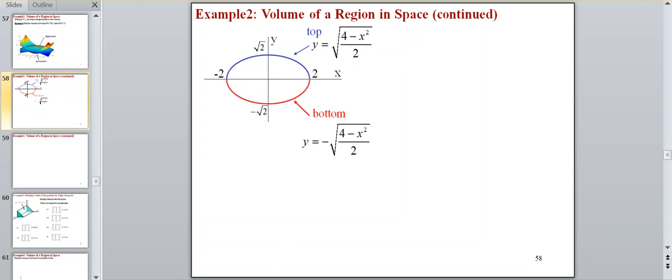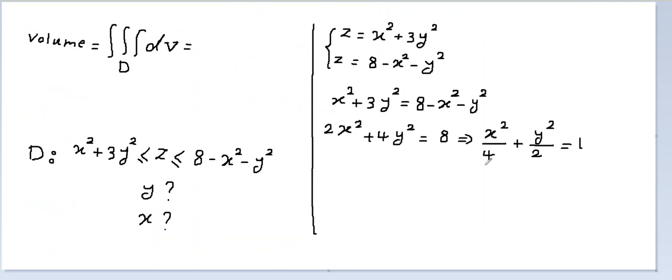You can see here using the equation. Do you agree with me? I can keep y squared divided by 2 and take this x squared divided by 4 to the right hand side. So I have 1 minus x squared divided by 4.